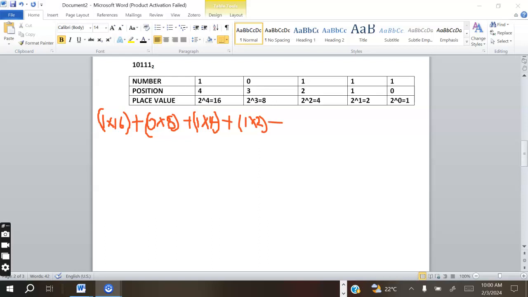And the last part, we have 1 multiplied by 1.